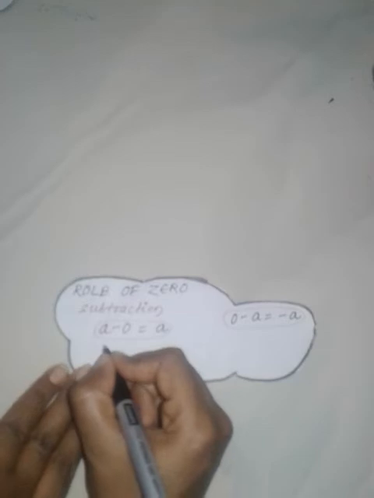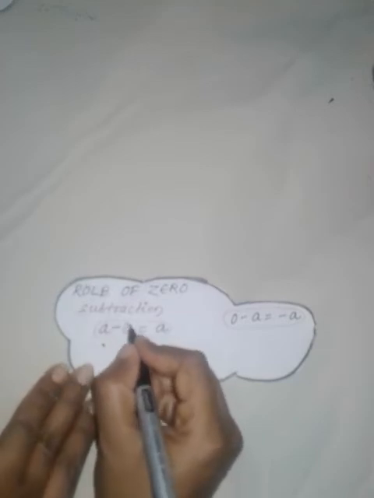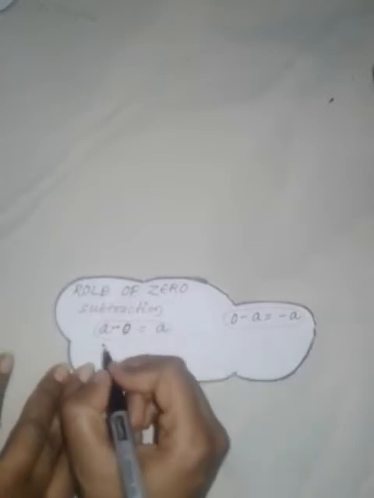Next, multiplication. If we multiply any integer by 0, we get 0. 5 into 0 is 0, minus 10 into 0 is also 0. Then subtraction. If we subtract 0 from an integer A, we get that integer.